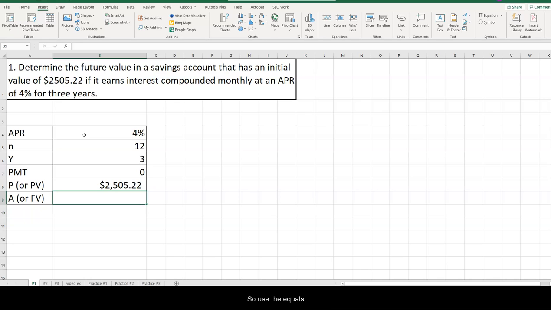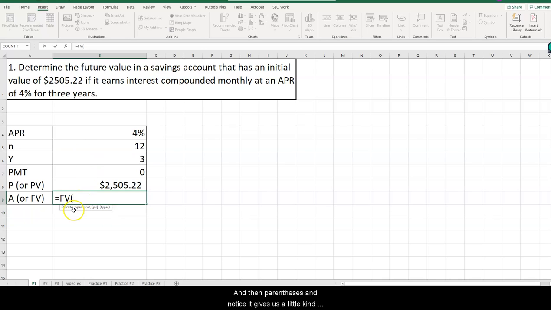So we'll use the equals and FV and then parentheses. Notice it gives us a little hint here of the things we're going to use. You can use cell references or you can type in the numbers. I'm going to use cell references since we're here in Excel.